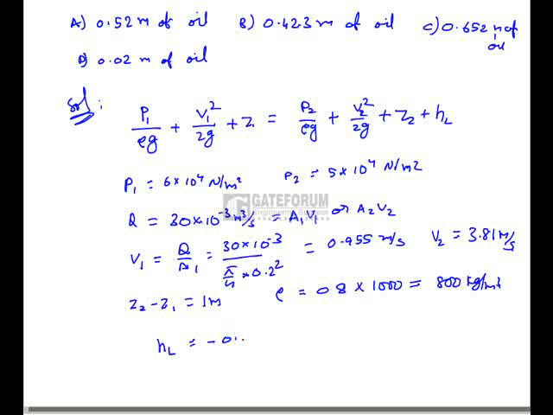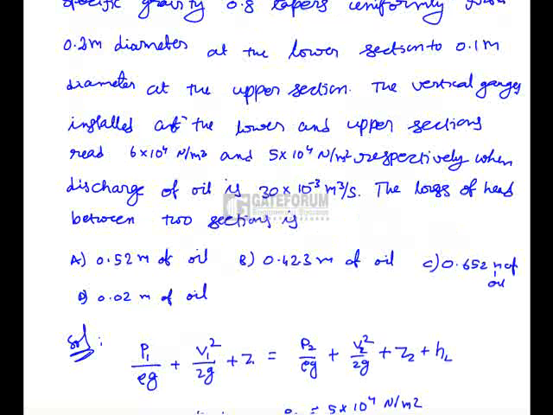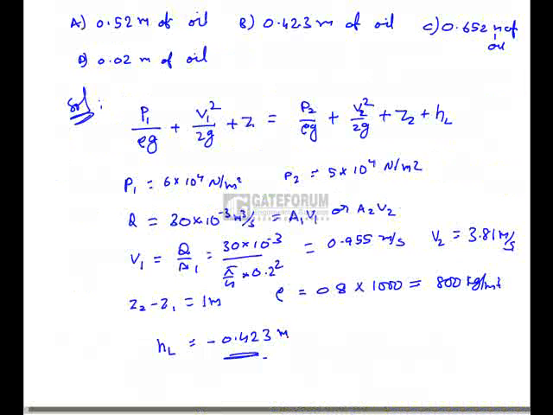Generally here we get minus 4.423, but they didn't ask for head loss at the upper section or lower section. The question is just the loss of head between two sections. So the loss of head between two sections is 0.423 meter of oil. So in the options, the right option is B.